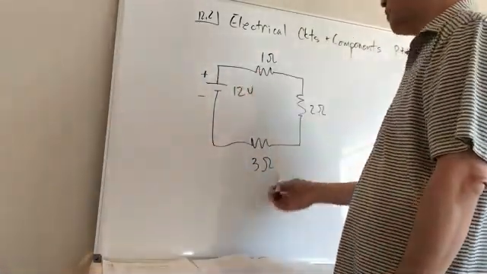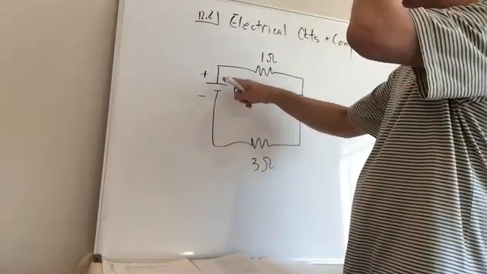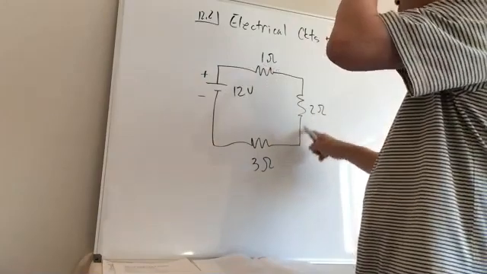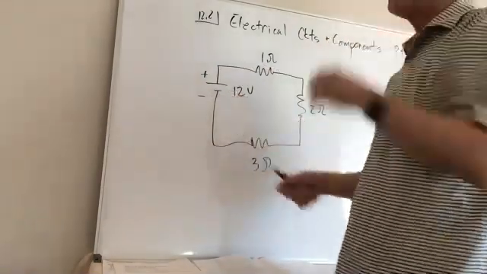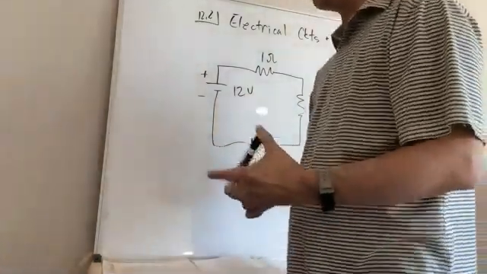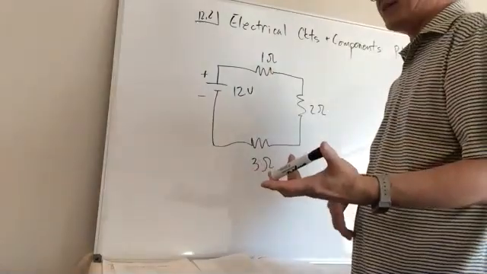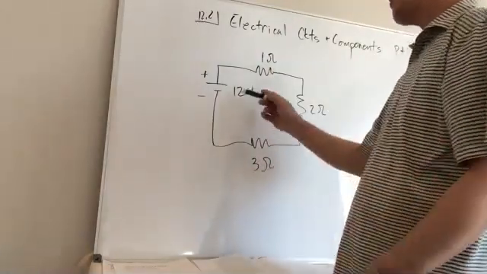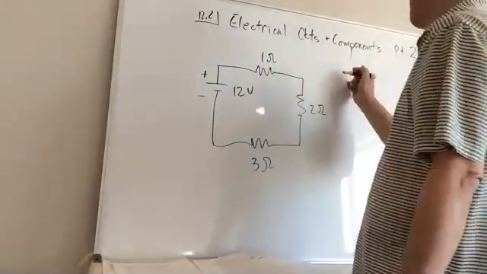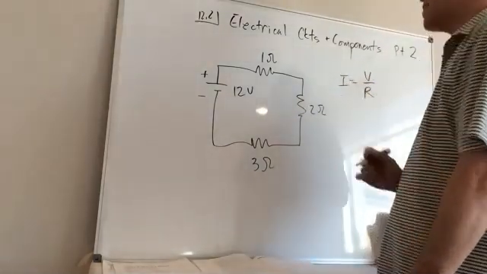So it's going to move this way. Current's going to come out this way, go through all these resistors, and come back. So the first thing we need to determine is the current. We have the volts, so the current is equal to voltage divided by the resistance.